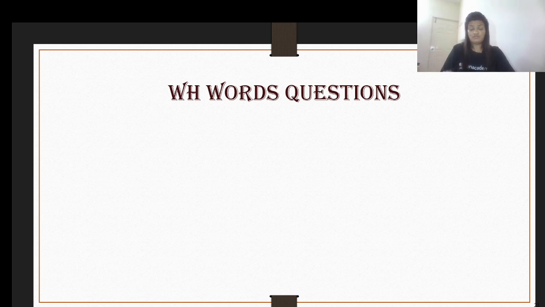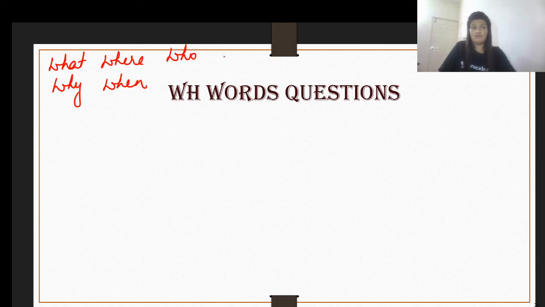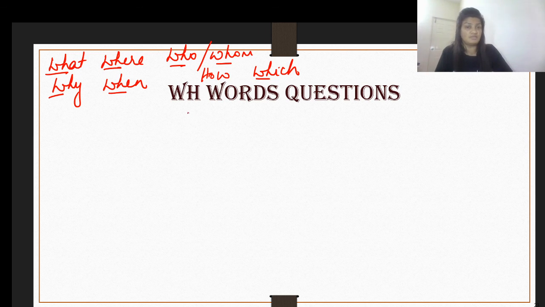Now let us move on to WH questions. How do you frame your WH questions? WH questions are words like what, why, where, when, who or whom, and you also have how and which. All these words are called WH question words.